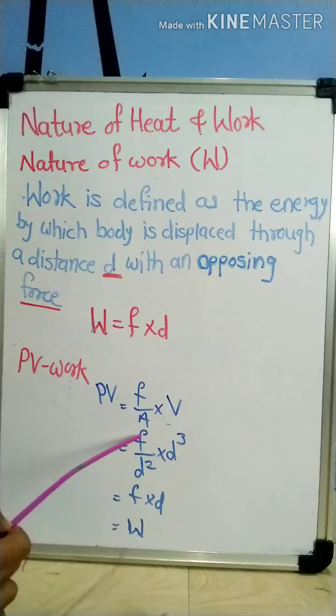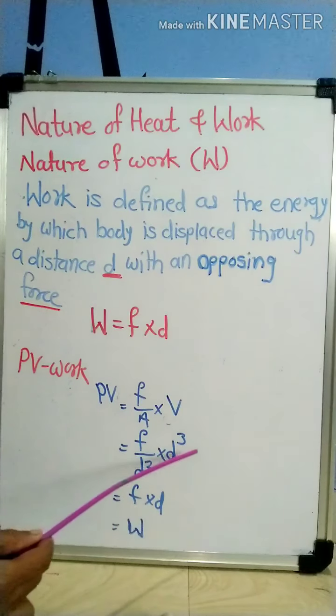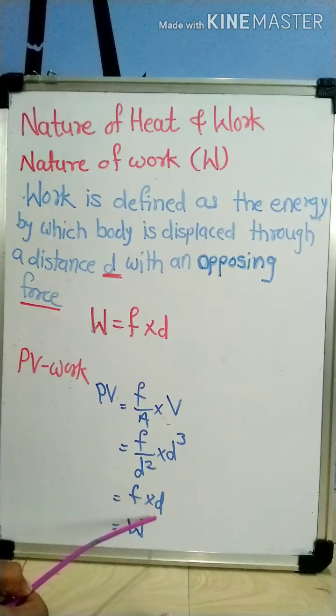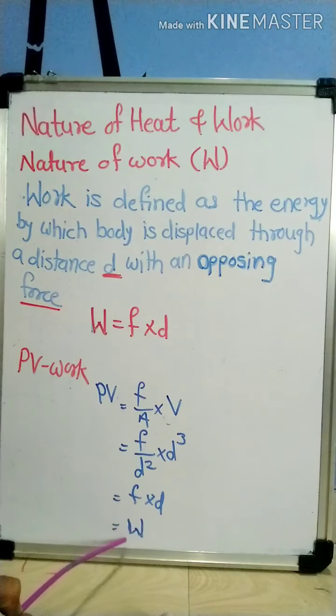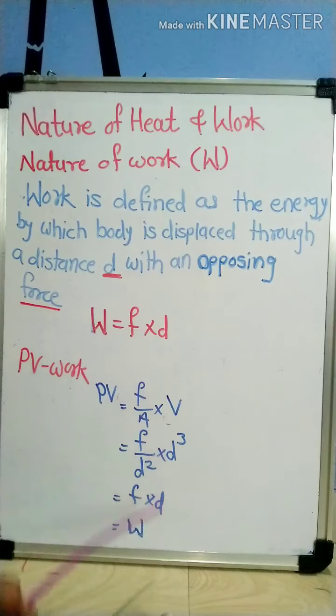A means area, and we get F divided by D square into D cube. This D square cancels. Remaining what? F into D, which is equal to W. Here we write F into D is equal to W. So pressure volume type of work is also F into D.